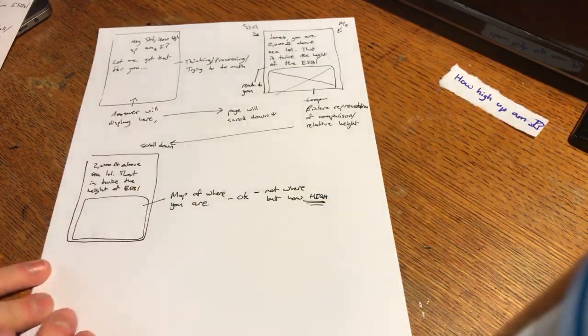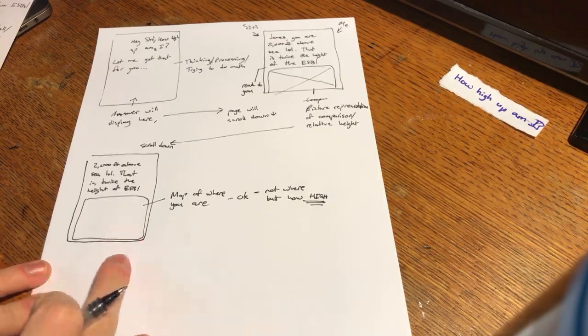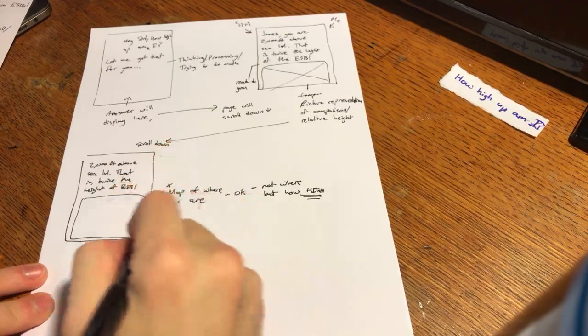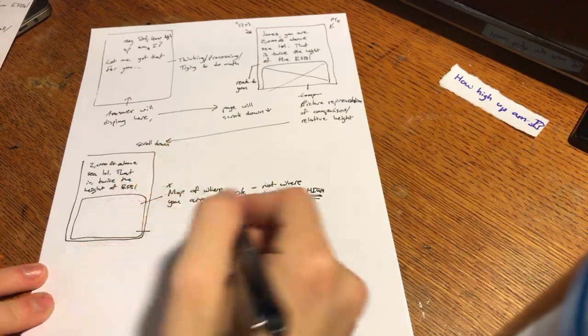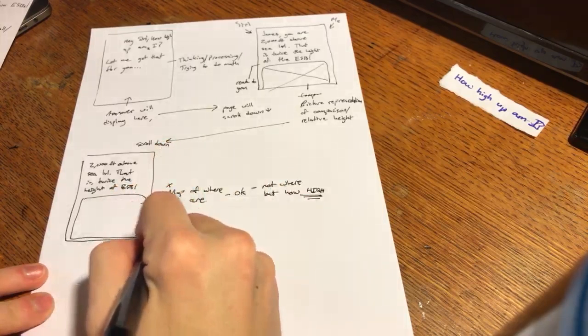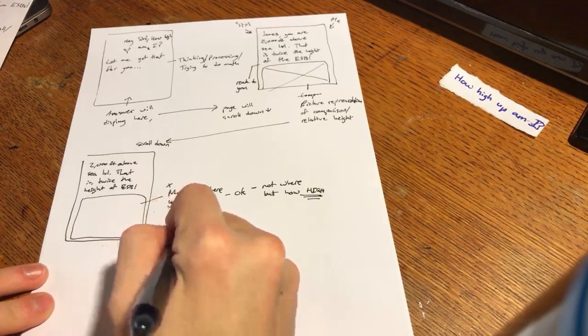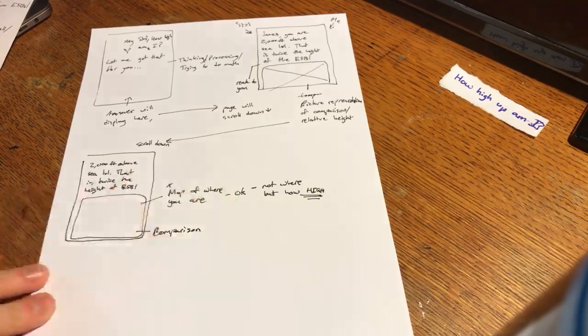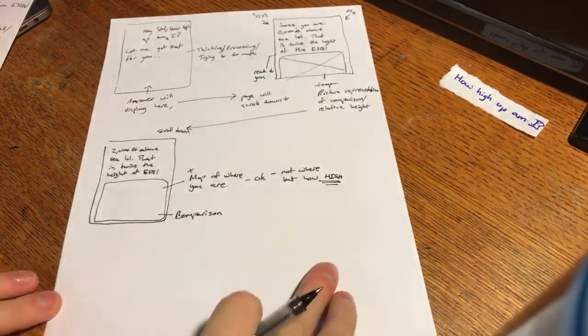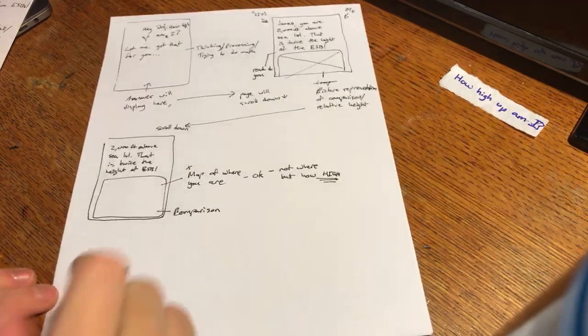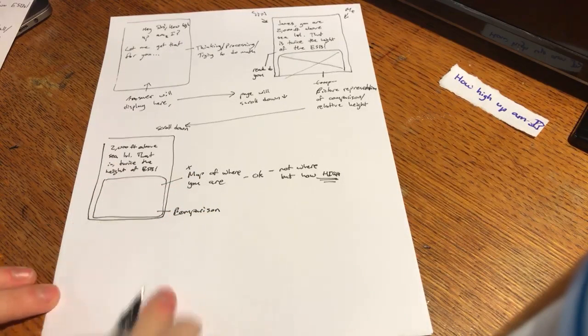So we want to make sure that this is the representation of somehow. So we'll put an X next to this. So we could have, like I said, comparison. And I'll just use this bottom remaining space to do some comparison analogies, and maybe I'll fill it in there.